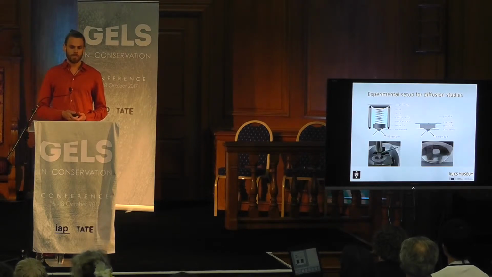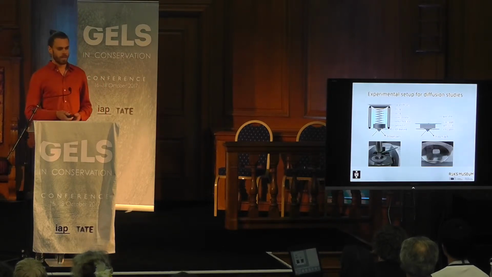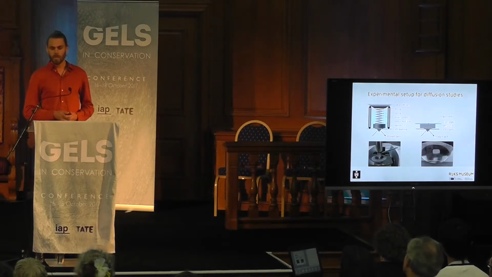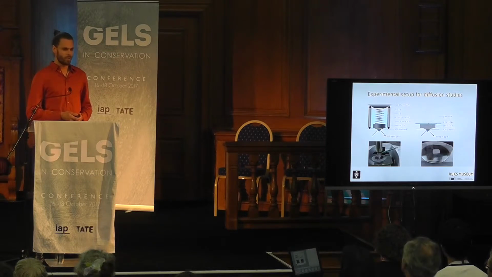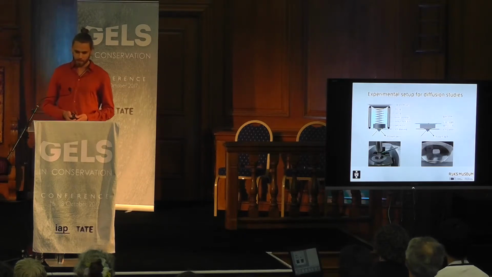And in analogy to that, instead of having a reservoir of solvents or water, we can also have a reservoir of solvents or water in a gel. And in that case, we have the situation that's depicted on the right.